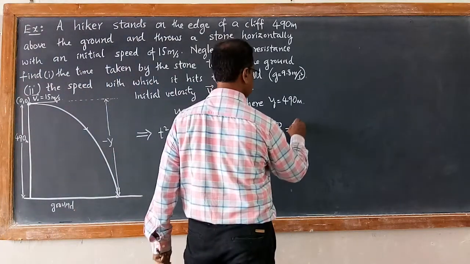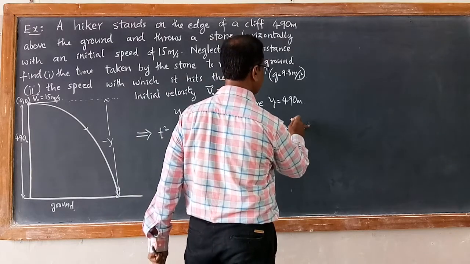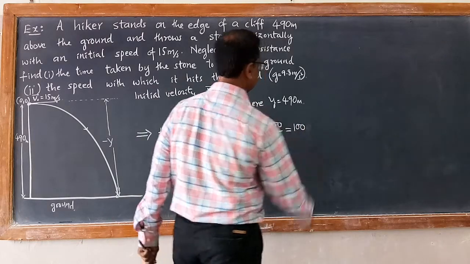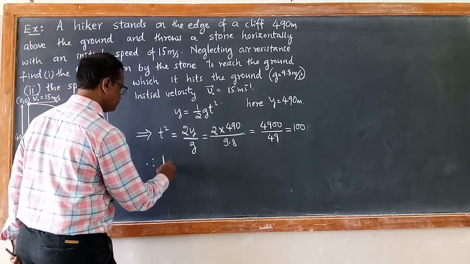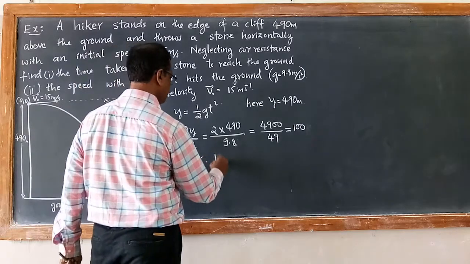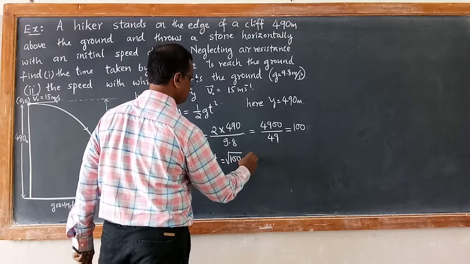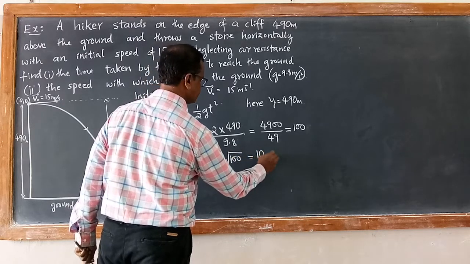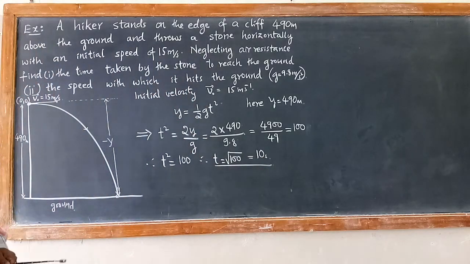So that becomes 100 second square. Therefore, t square is equal to 100, t is equal to square root of 100. That is 10 seconds. It takes 10 seconds to reach the ground.